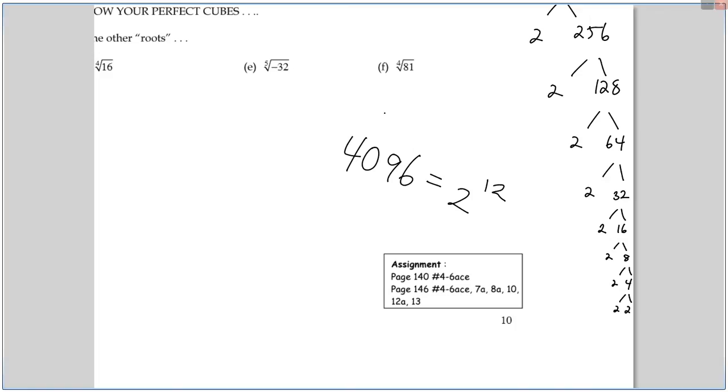Can it be grouped into pairs? Yeah. So 4096 is a perfect square. You could take the square root of 4096 and you'd get a perfect whole number. Can you put 12 into triplets? Yes. Groups of 3? Yes. So 4096 is also a perfect cube. It's both. Okay?